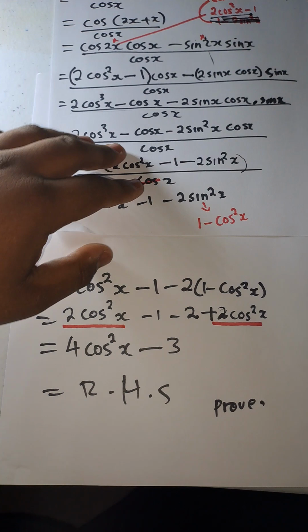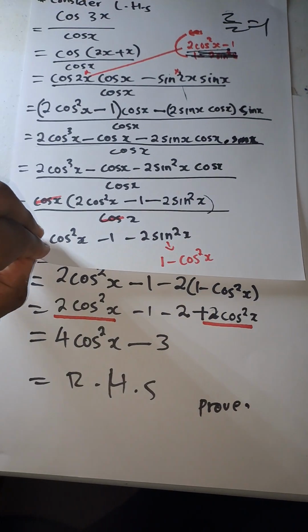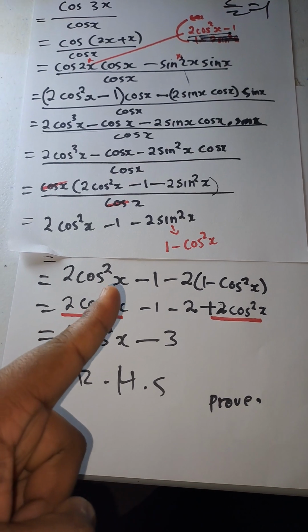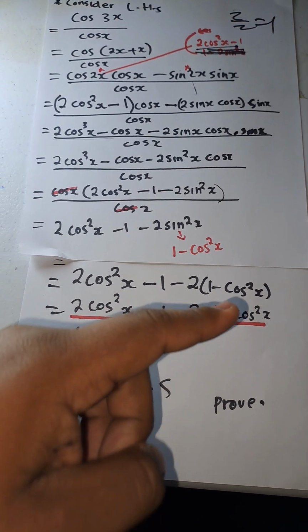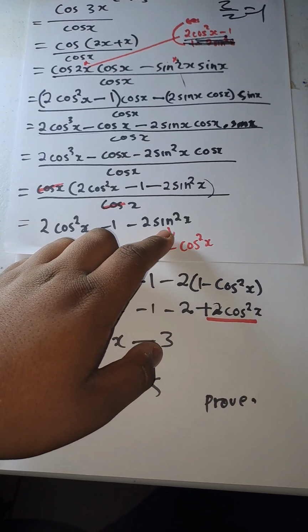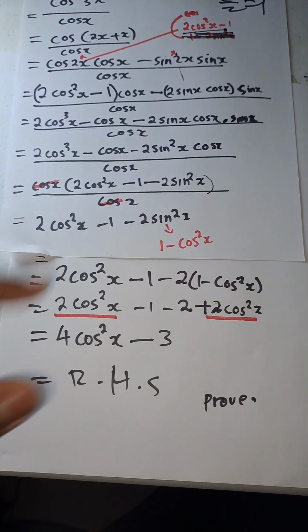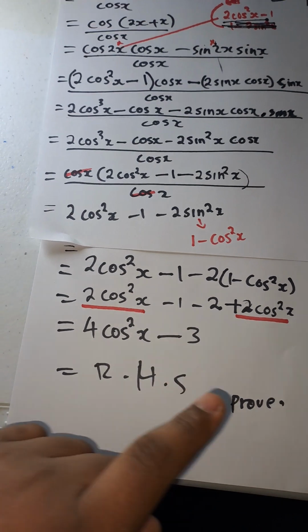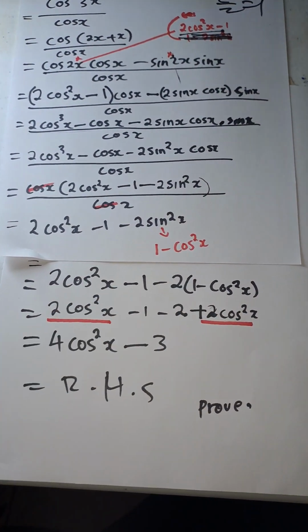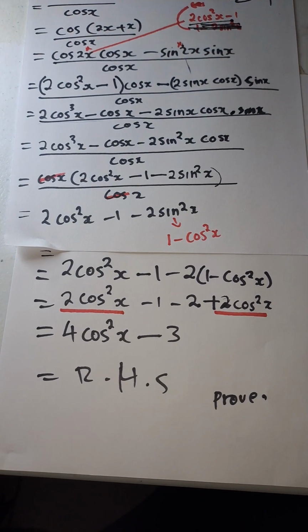Now, as you can see there, after factoring out what's common, I had 2 cos cubed x, 2 cos squared x minus 1 minus 2 sin squared x. I know that sin squared x is the same as 1 minus cos squared x. You understand? So where there was sin squared x, I will put 1 minus cos squared x. Please don't rush.